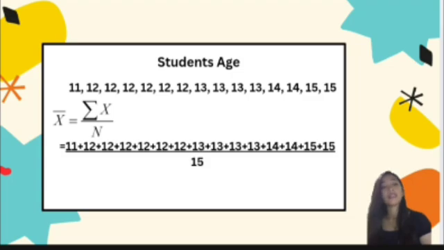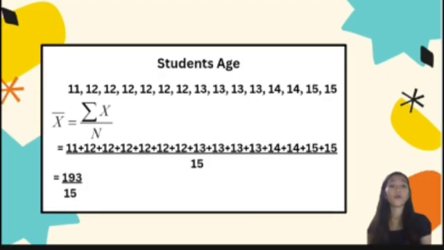Using the data that we have collected from the previous activity, let's plug it into our formula to find the mean of our data. 11 plus 12 plus 12 plus 12 plus 12 plus 12 plus 12 plus 13 plus 13 plus 13 plus 13 plus 14 plus 14 plus 15 plus 15, all over 15, since our total number of values is 15.